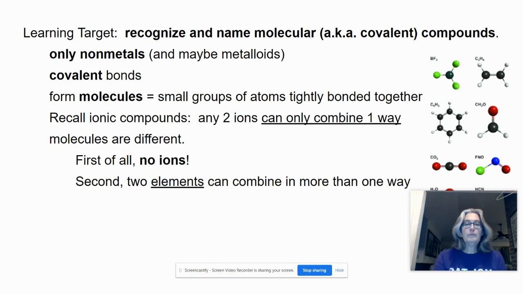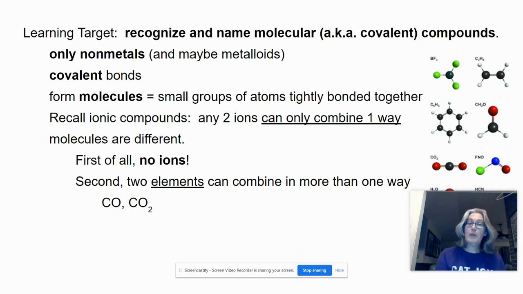For example, you've heard of CO and CO2, carbon monoxide and carbon dioxide. That's two different compounds with carbon and oxygen combined in more than one way. And this goes back to some of the stuff associated with Dalton and the first explanations of chemistry, that elements combine in fixed ratios, but, the law of multiple proportions, they can combine in more than one fixed ratio.